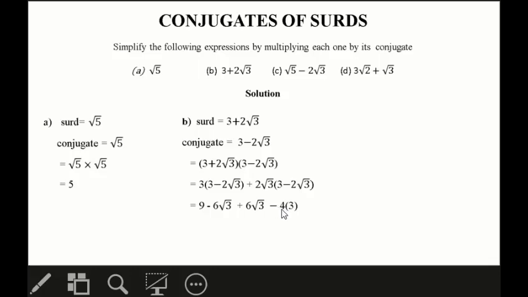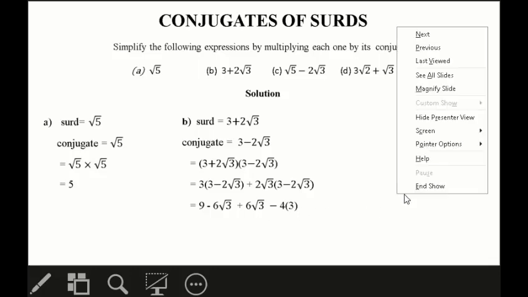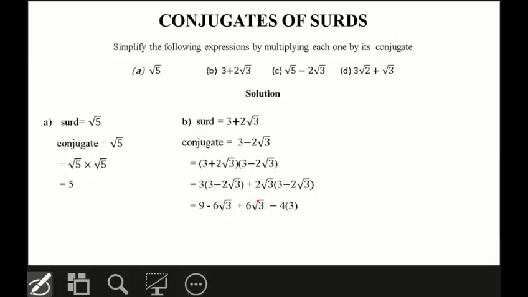Negative. Good. Then in this expression, you can see that we have negative 6 root 3 and we have positive 6 root 3. So what it means is that this positive over here is going to cancel the negative over here.